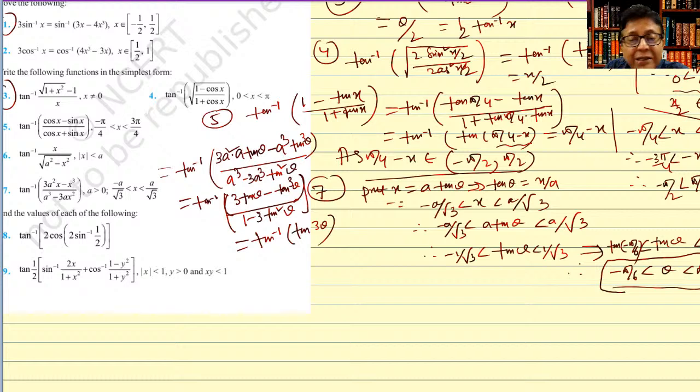I can write it if it lies in the principal value branch. Multiply by 3. Okay? This is pi by 2, which is the principal value branch.